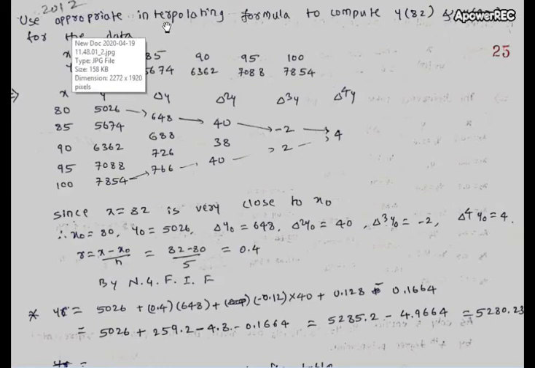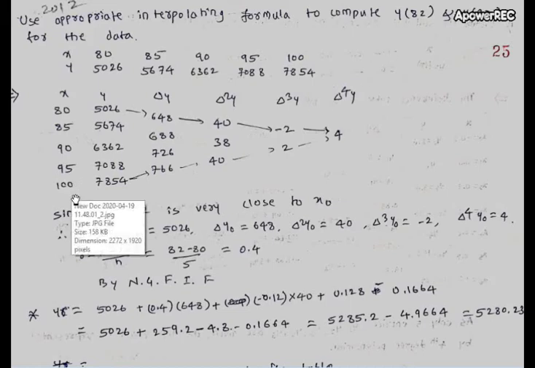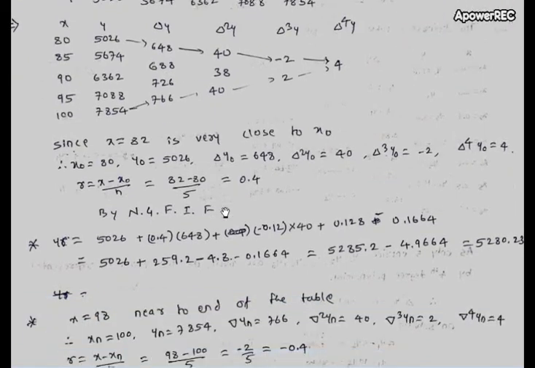Next example: use the appropriate interpolating formula to calculate y of 82 and y of 98. y of 82 is close to 80, so apply the forward interpolation formula, and y equal to 98 is close to the end value of x, so use the backward interpolation formula. By applying both formulas, we will calculate y of 82 and y of 98. The solution is similar to the previous example.